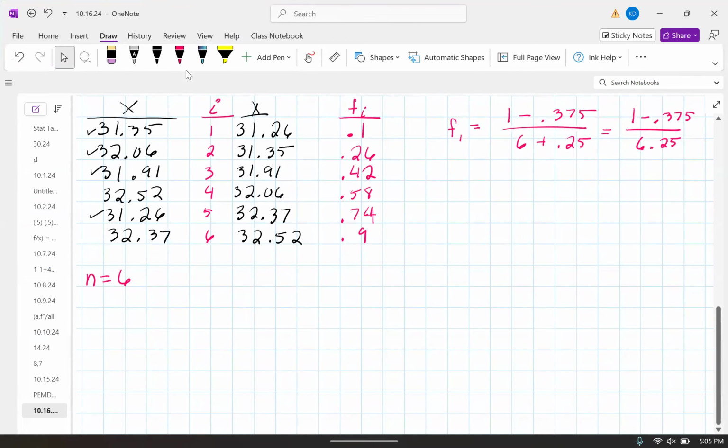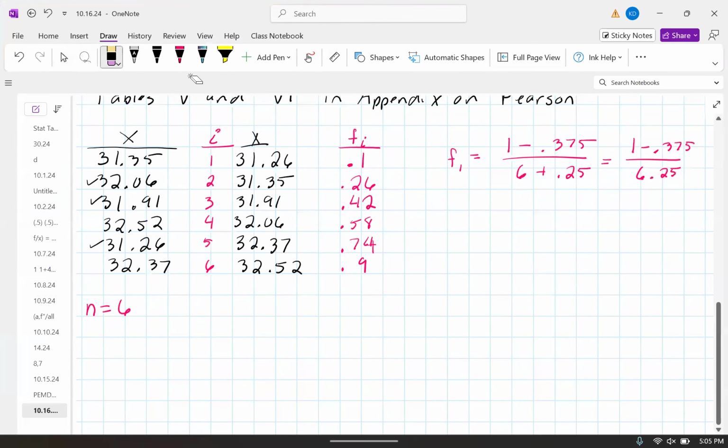Okay. So my z-scores, I'm going to erase these so I can scoot this over.